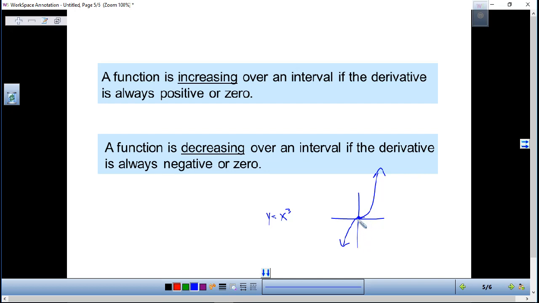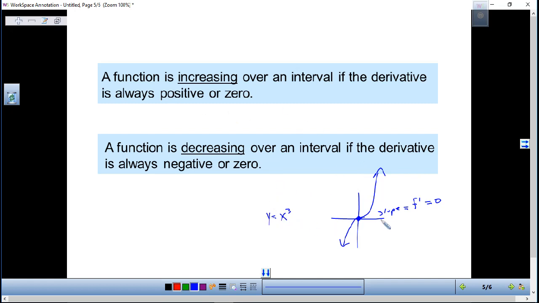Even though at this one point right here at 0, it actually has a slope, otherwise known as a derivative, that equals 0, we say it increases over its entire domain. So just because it gets flat for a point does not mean that it's not increasing for the entire interval.